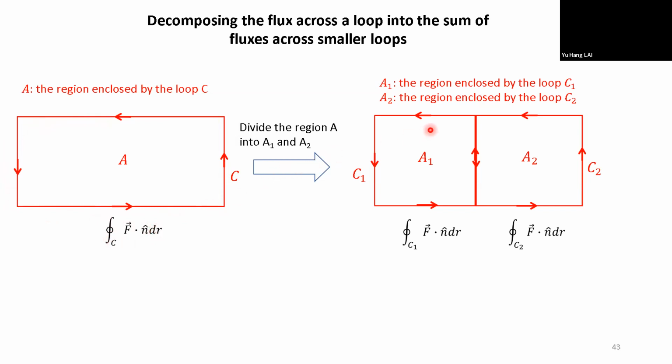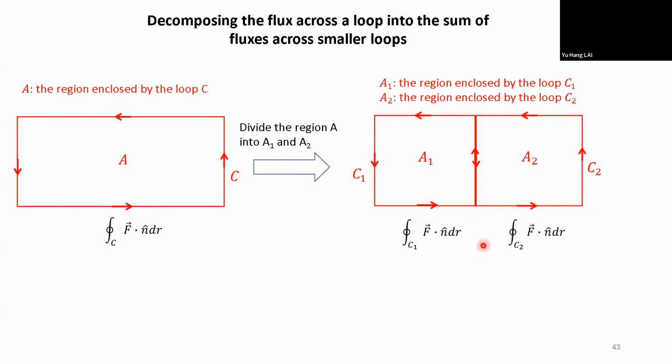So what I'm doing here is that I decompose this big loop into small loops. Now, if I ask for the flux across this loop C1 and the flux across the other loop C2, and I add them together, what would happen?